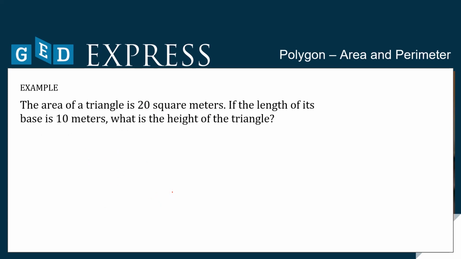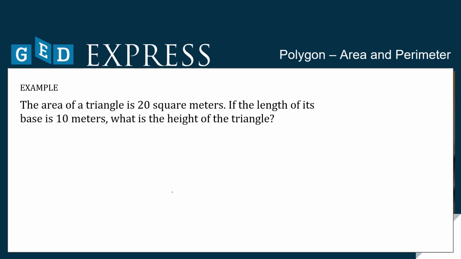Okay, last example. The area of a triangle is 20 square meters. If the length of its base is 10 meters, what is the height of the triangle? A question like this requires you to combine your algebra and geometry skills.